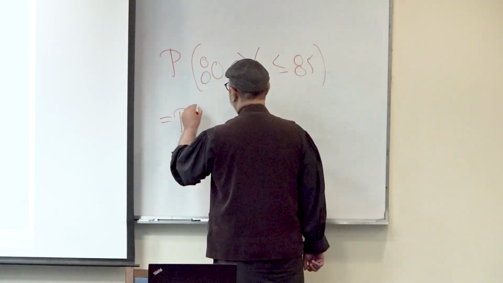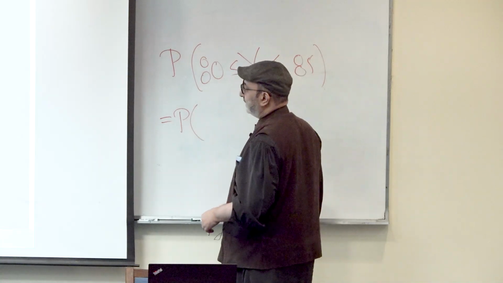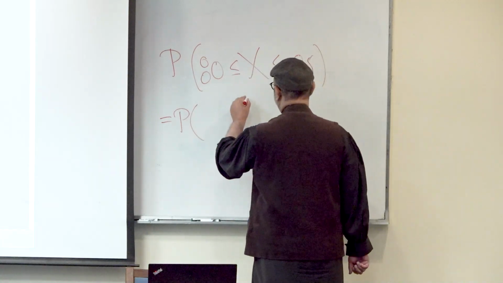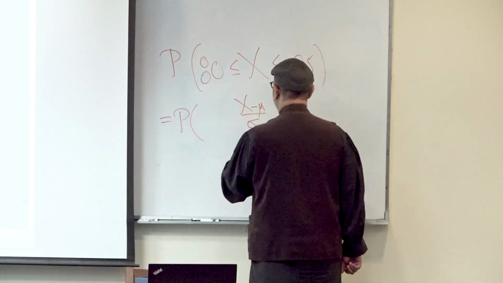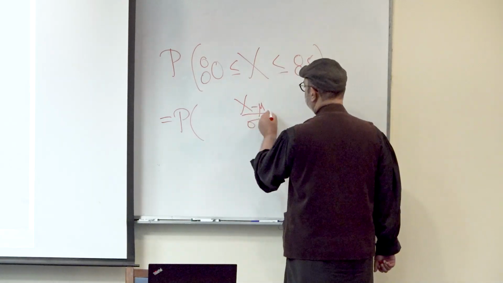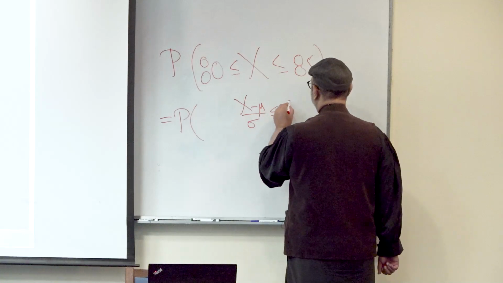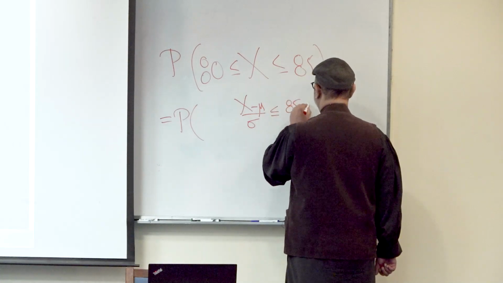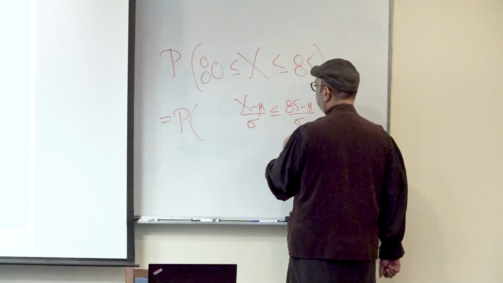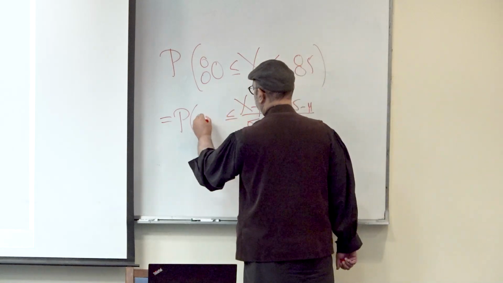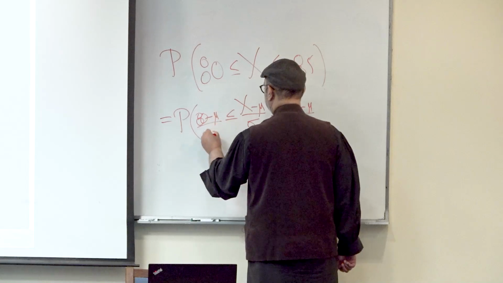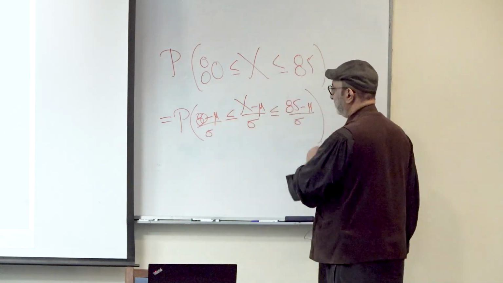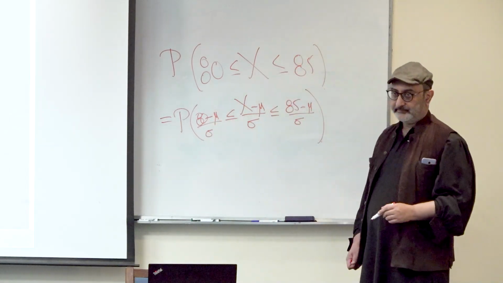Well, that's the probability that (x minus mu) over sigma lies between (80 minus mu) over sigma and (85 minus mu) over sigma. Is that okay?